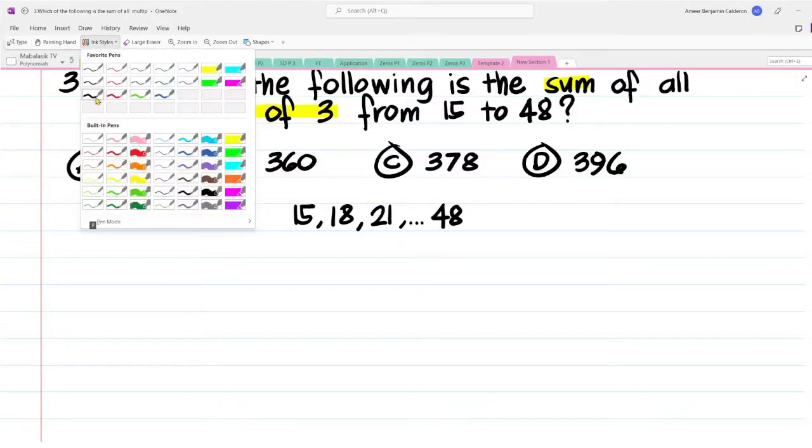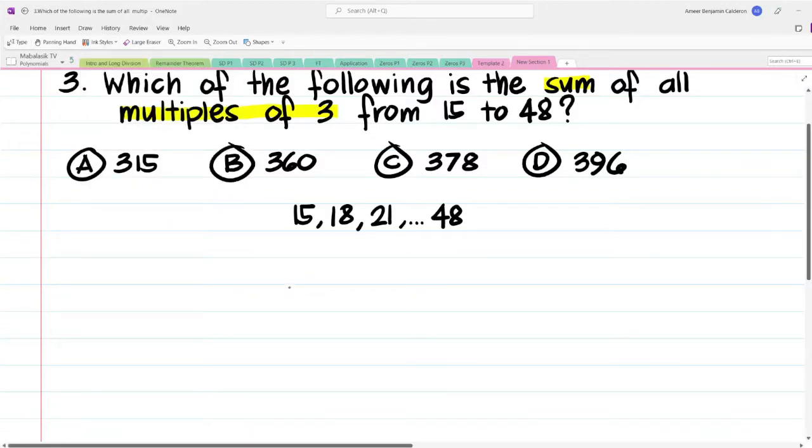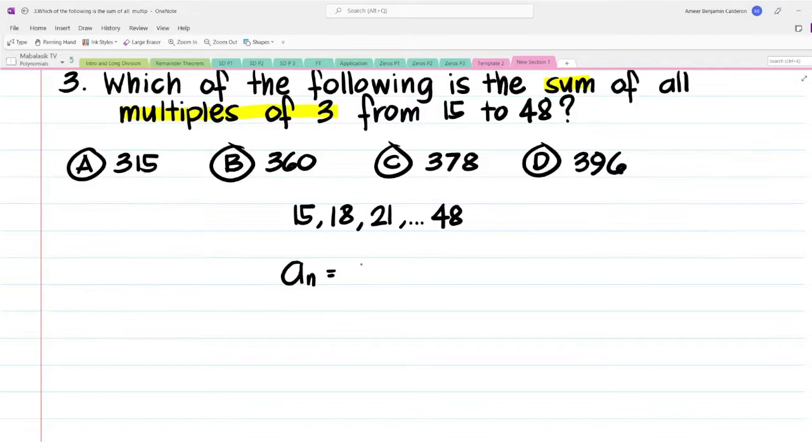So what we want to do first is to use the formula for finding the nth term of an arithmetic sequence, which is a sub n equals a sub 1 plus the quantity of n minus 1 times d. This time around, we are solving for n. Now, let us plug in our data from this sequence.